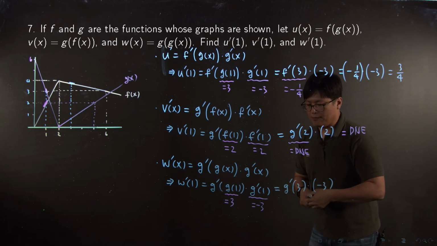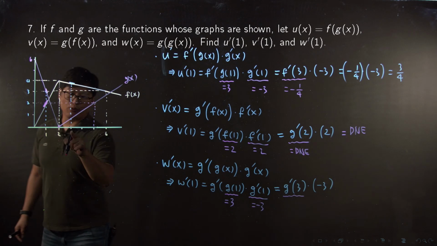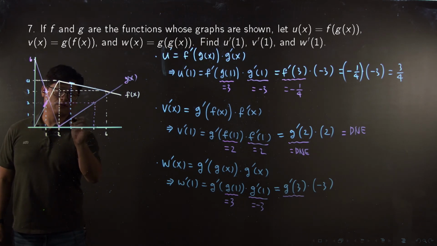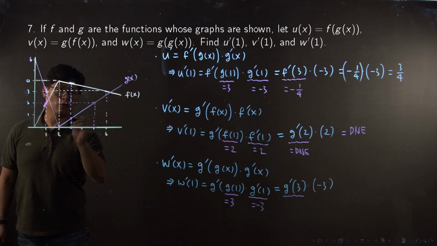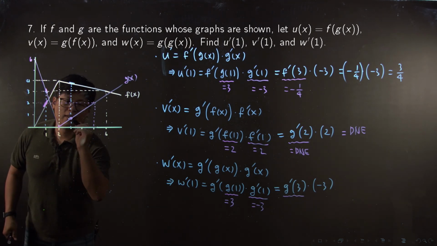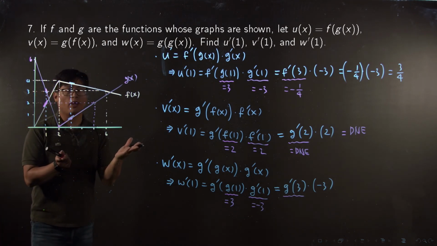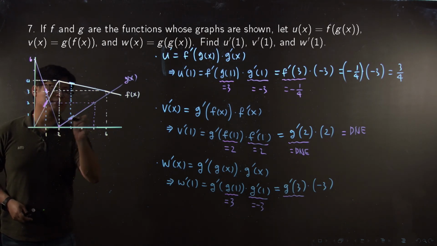And the very last step. What is g prime of 3? Okay? So at x equals 3 on this function, I would like to talk about this point. Can you see the tangent line? Again, the tangent line of a straight line always overlaps, so your tangent line will be the same line.